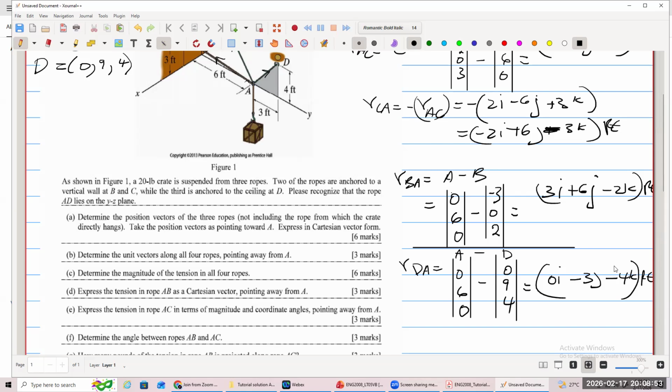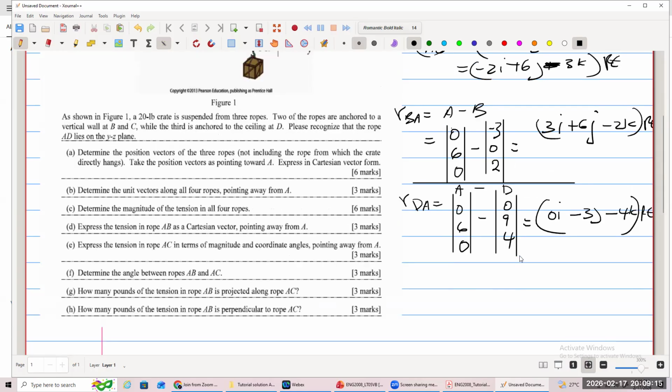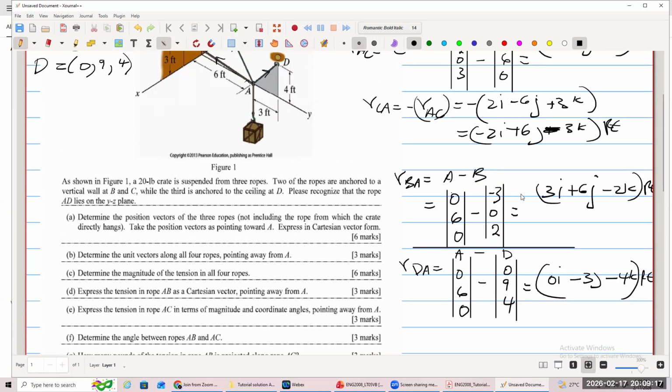So that's the first thing you get. You write those positions and you get those values, and then it says you express them in Cartesian form. Then it says determine the unit vector along all 3 ropes pointing away from A. So that means they want the position vector I started finding before. If you're pointing to A, you want the reverse of all of these 3. Multiply by minus to give them the reverse.